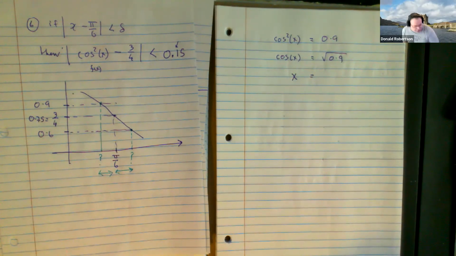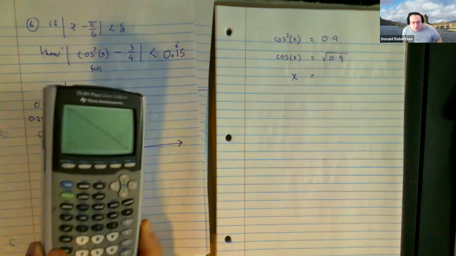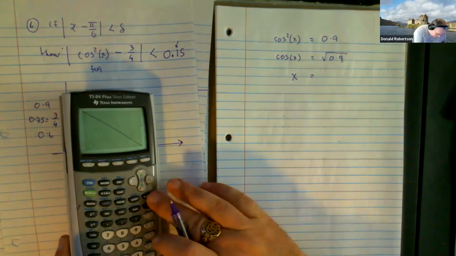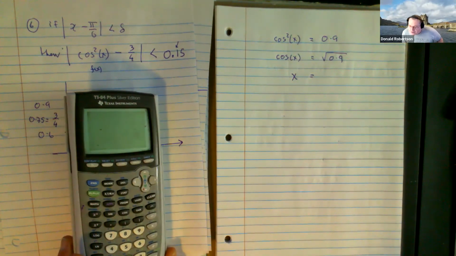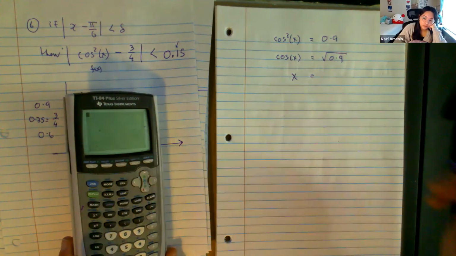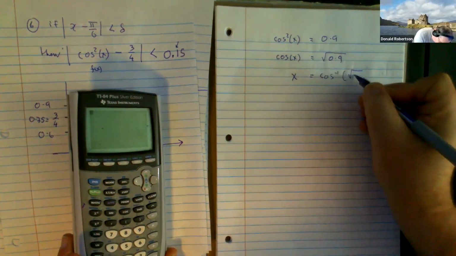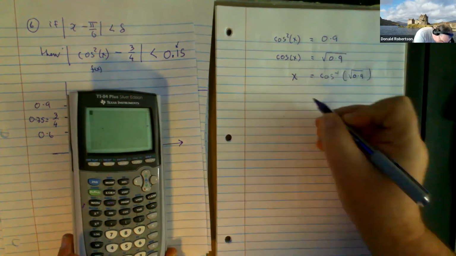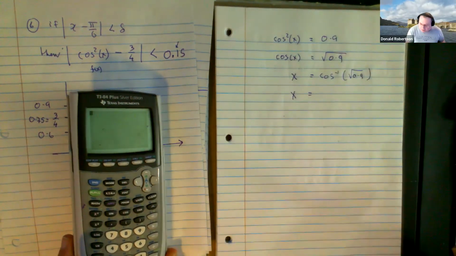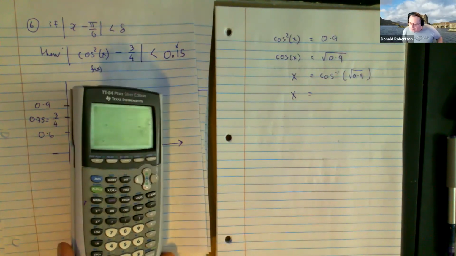If you know the cosine of x, what do you do on your calculator to find x? Think 142. Inverse cosine. So we're going to do the inverse cosine. And I haven't even bothered to figure out what that is as a decimal, because isn't it just going to be ugly, and I might as well let the calculator do it all at once.